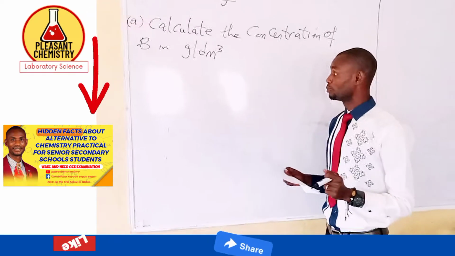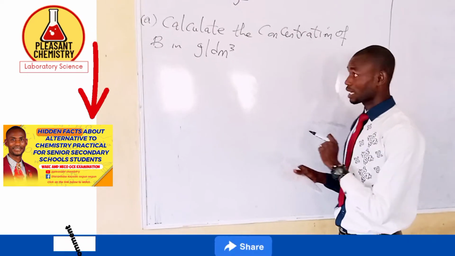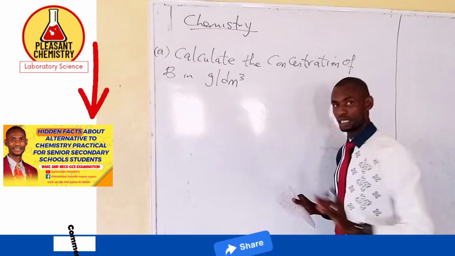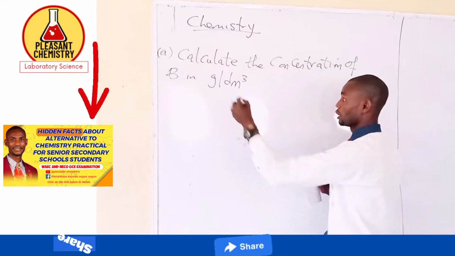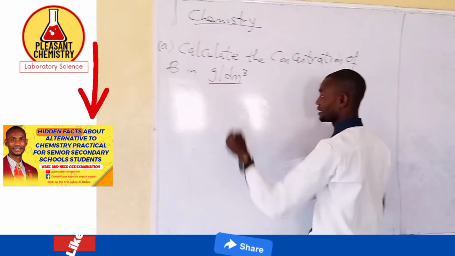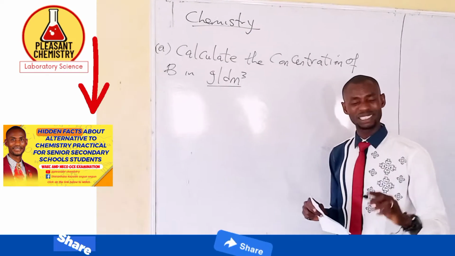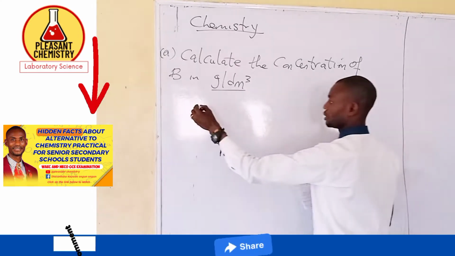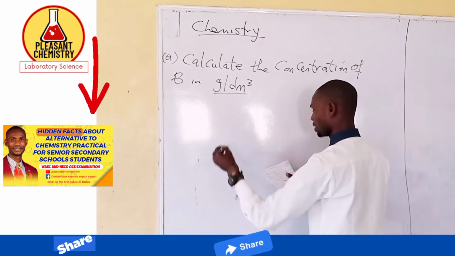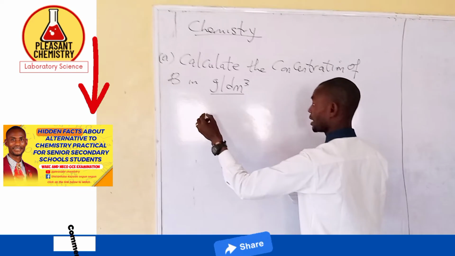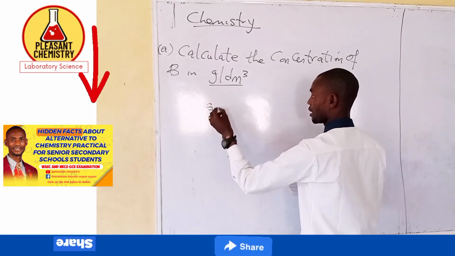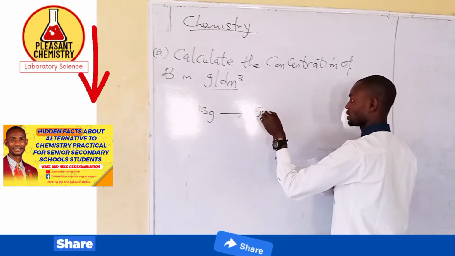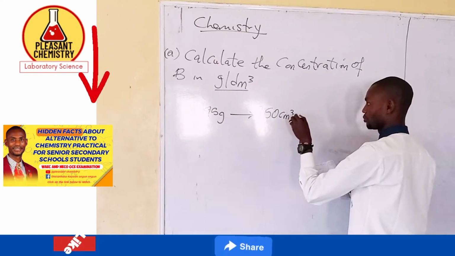Now from the question, we are asked to calculate the concentration of B in gram per dm cube. And remember, when you are calculating gram per dm cube, it means you are calculating mass concentration. And initially, they are giving us 3.95 gram of B dissolved in 750 cm cube.